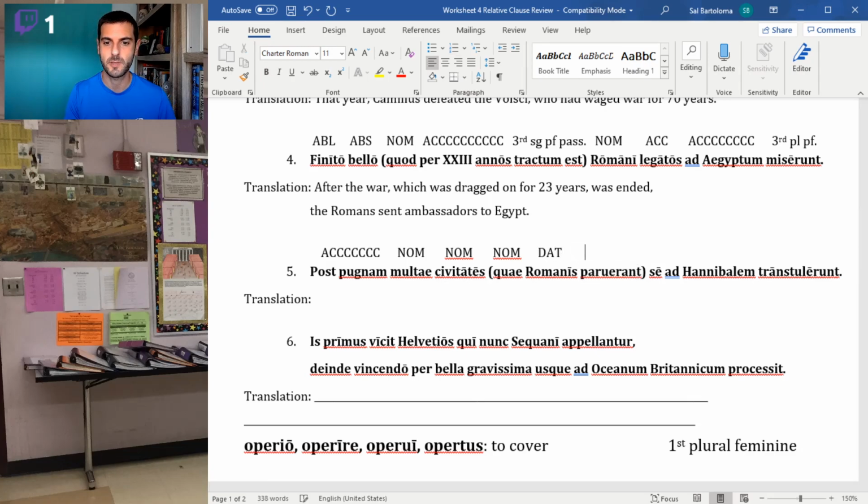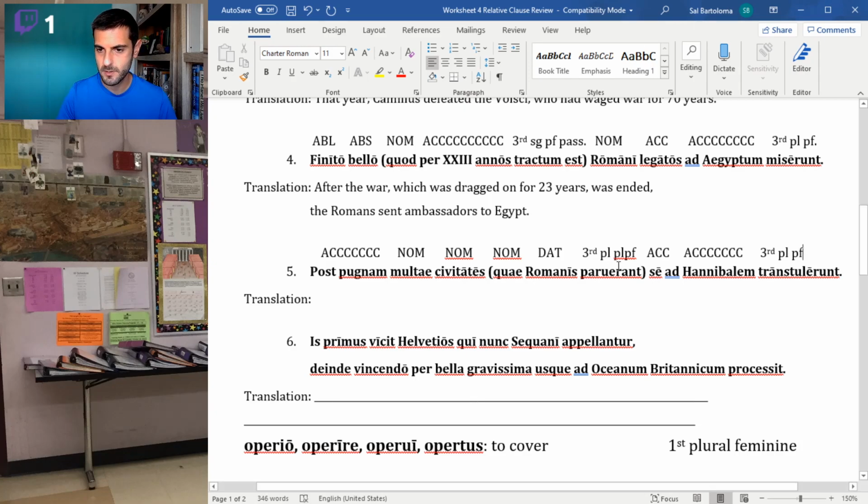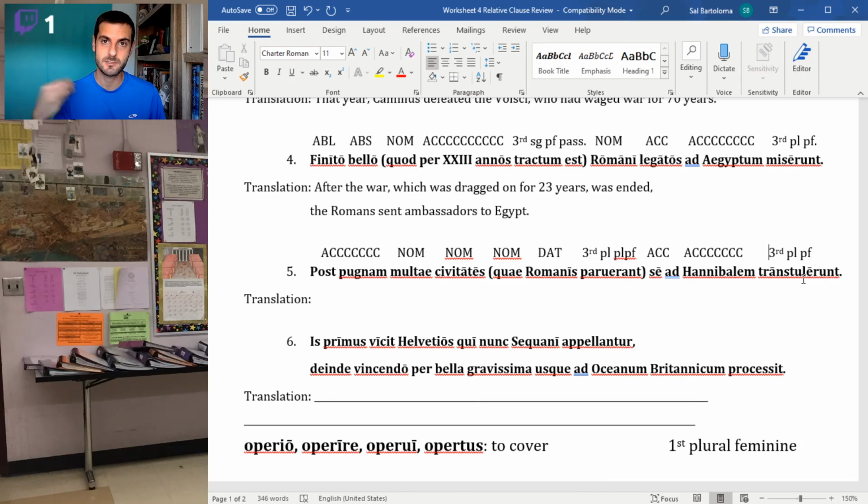So that's why we've got a dative here. And my verb is third plural, pluperfect. And then outside we have our main clause. Se can be ablative or it can be accusative. Third plural perfect here for transtulerant. The verb here being transfero, to transfer, I need a direct object. They transferred se. They transferred themselves ad Hannibalem.